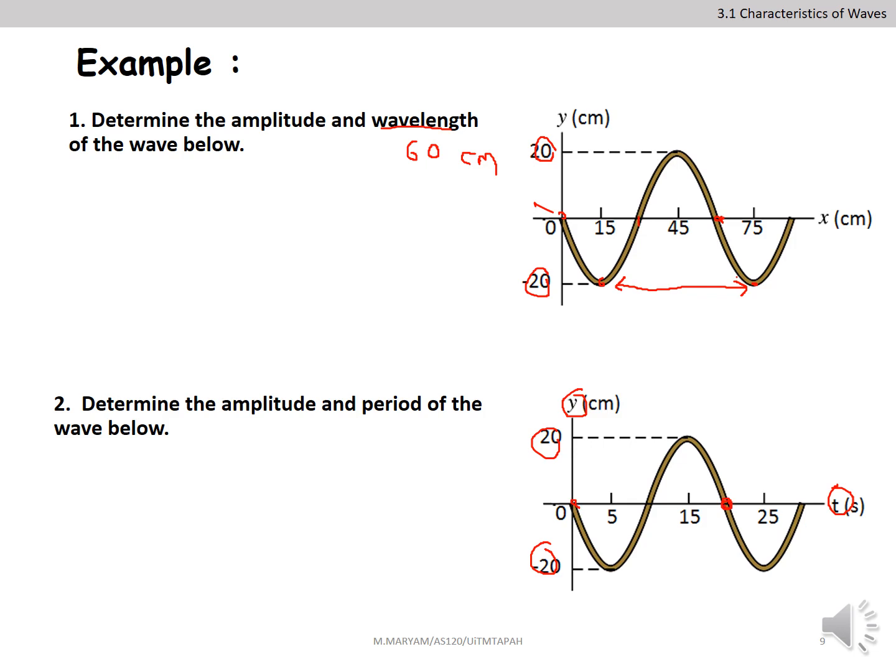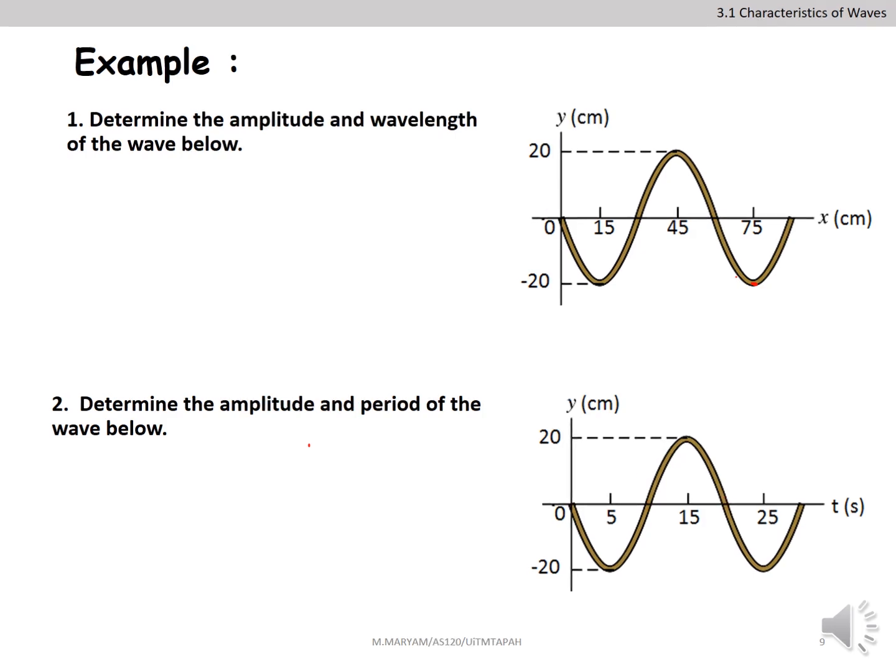The starting point is here and stops at here. What is the value here? 5, 10. So the gap is 5, the increment is by 5. 5, 10, 15 and 20. So the period is 20 seconds. Agree class? Alright. If you don't understand, make sure you listen again and again.